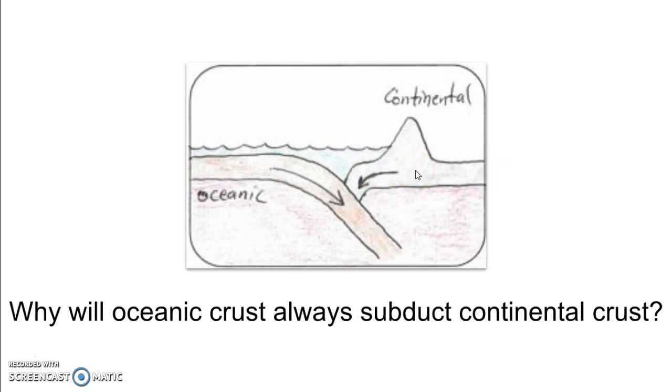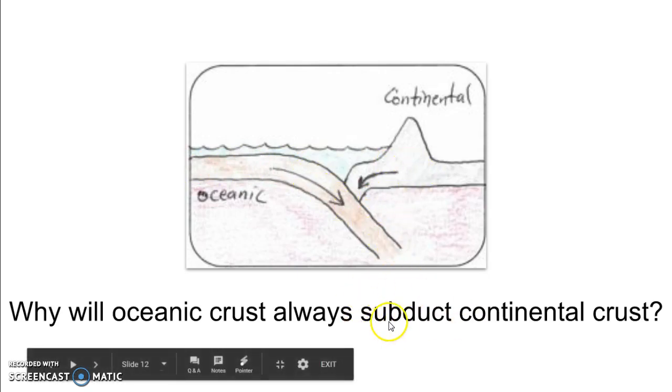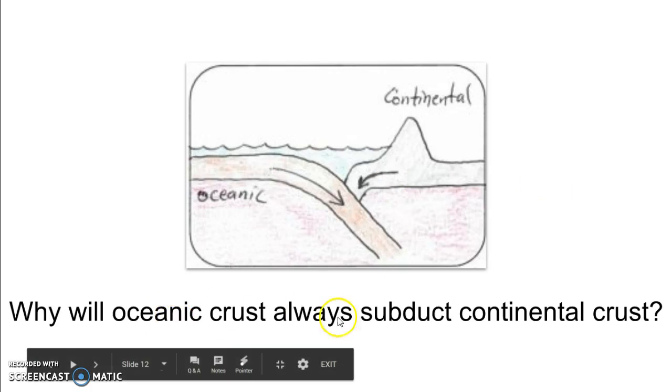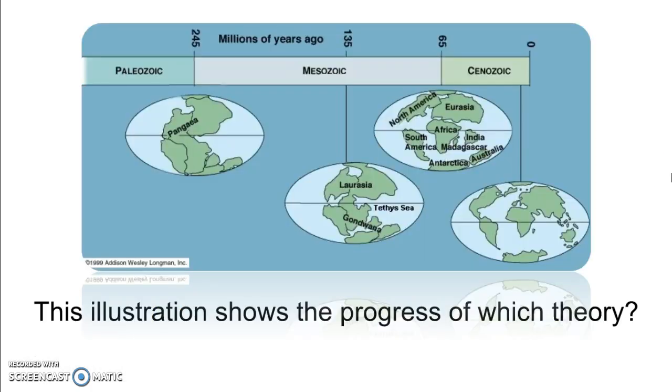Continental crust is typically made of more granite-type rocks, and usually oceanic crust is made of more basalt rock, which has a greater density. So the more dense rock is most likely going to plow underneath and subduct your continental plates, and that will create uplift a little bit later away from the boundary. But oceanic will always do that to continental because oceanic is more dense.